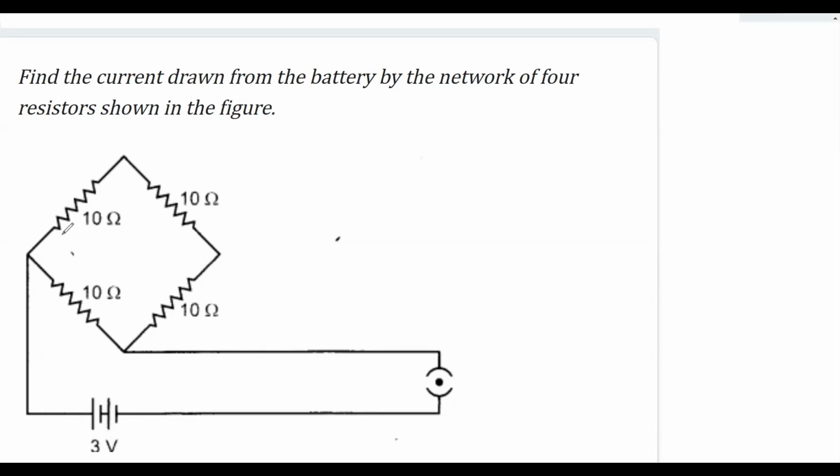I say this is R1, take this as R2, this being R3, and this being R4. Now you need to see that these 3 resistors are connected end to end, so clearly they are in series.